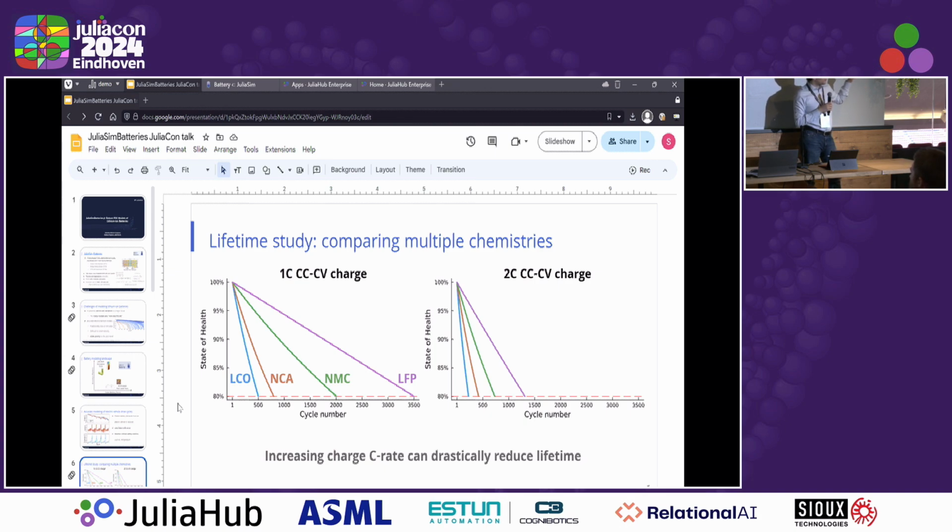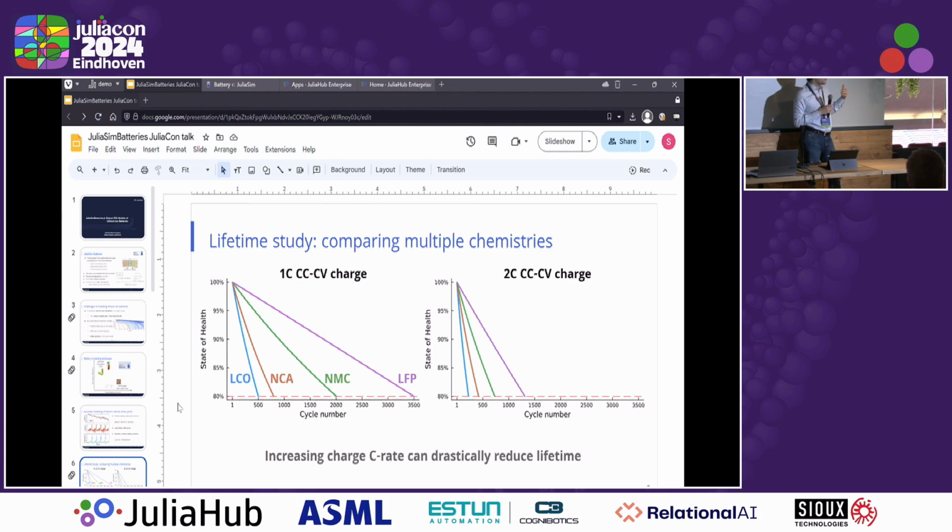In the first plot we have 1C charge, so we have this constant current, constant voltage protocol, and we have the same protocol but with different chemistries, and we're looking at the state of health of the battery. It starts from 100%, and when it reaches 80%, we consider that as the end of life for the battery. We want to compare several chemistries in order to evaluate what would work best for a given application.